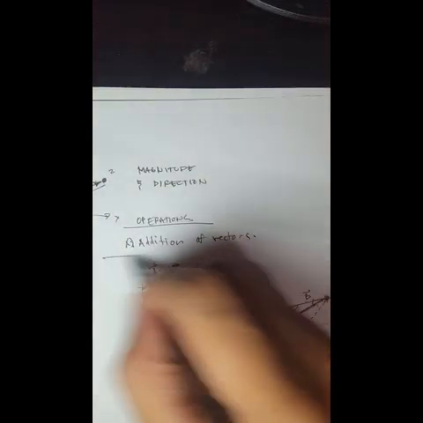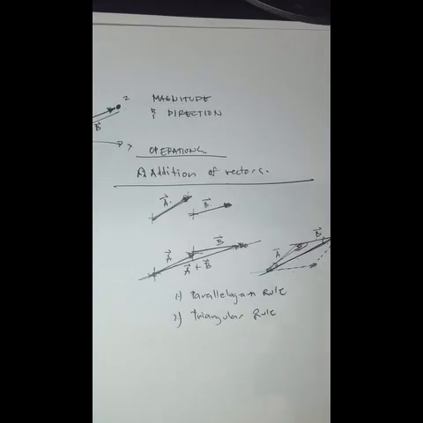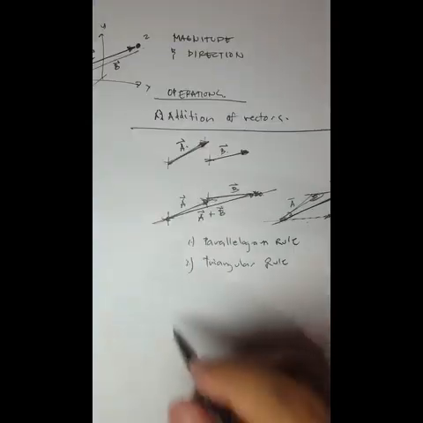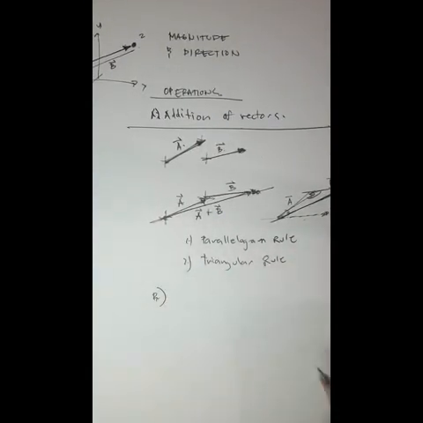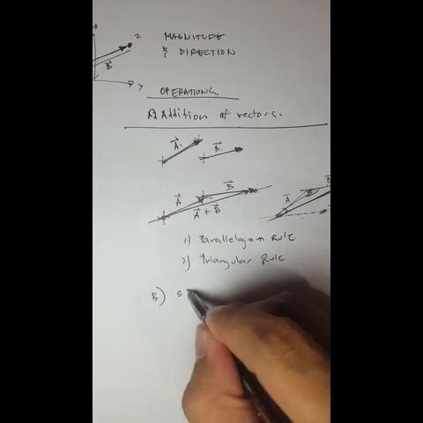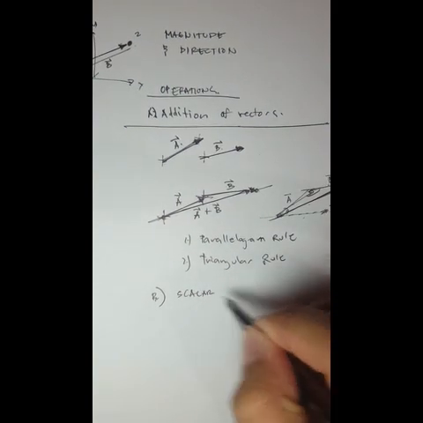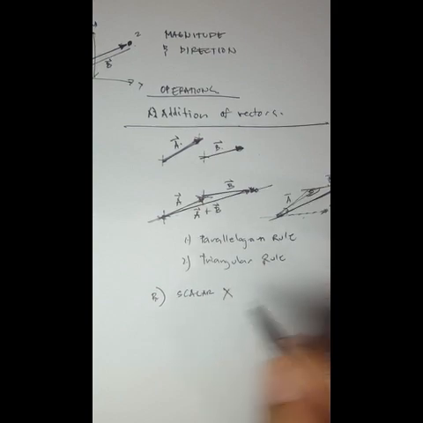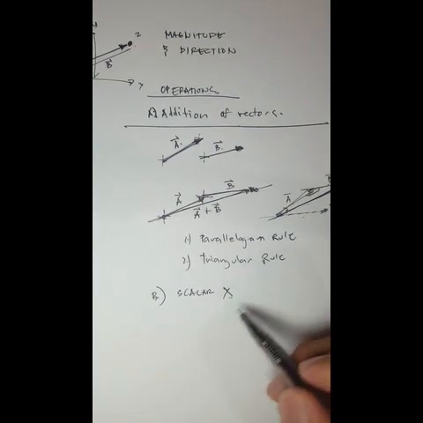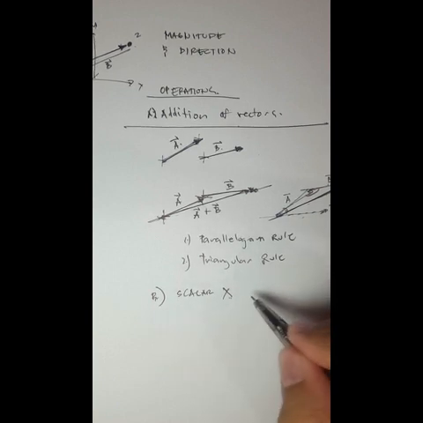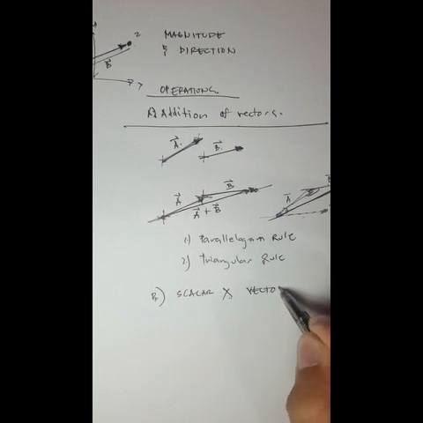Right, so next we also discussed multiplication of a vector and a scalar. So a scalar multiplied to, okay, that's not a cross product. I repeat, that's not a cross product, it's just multiplication. So a scalar times a vector.